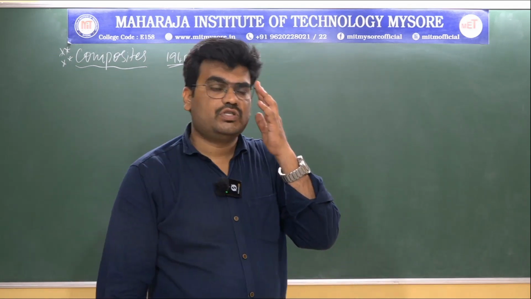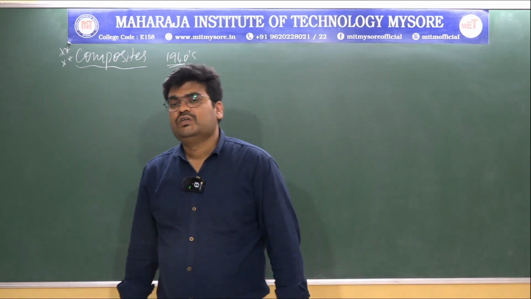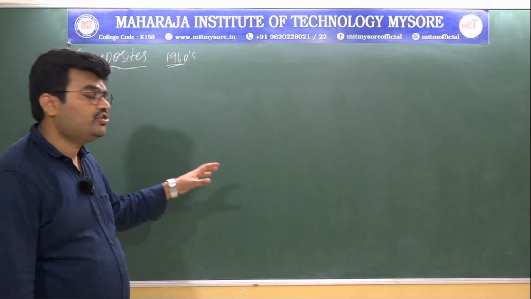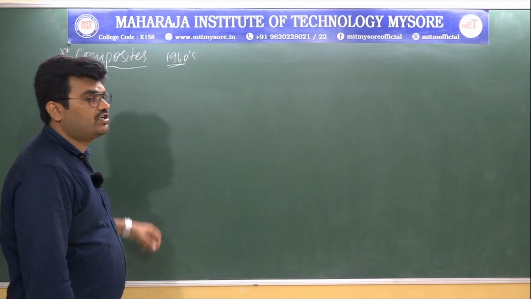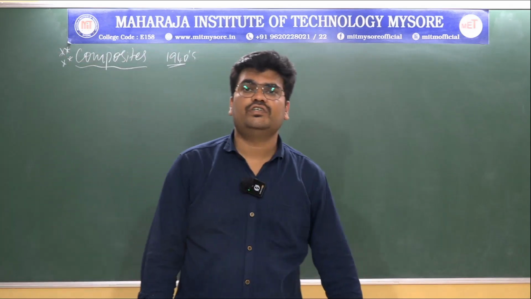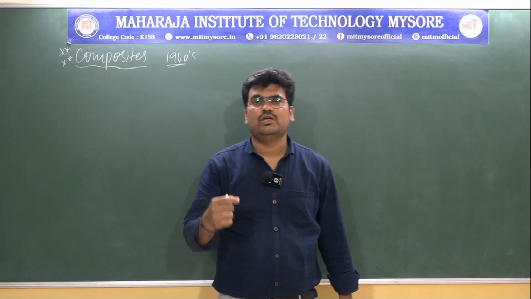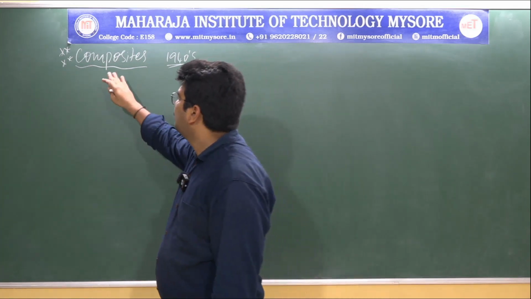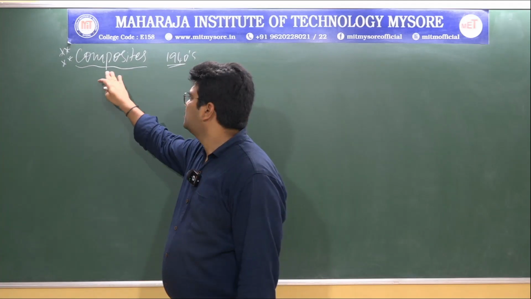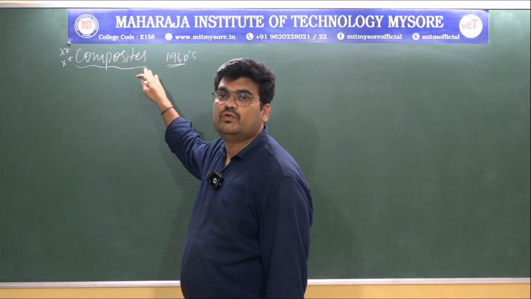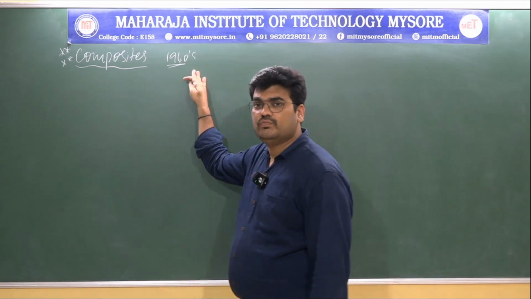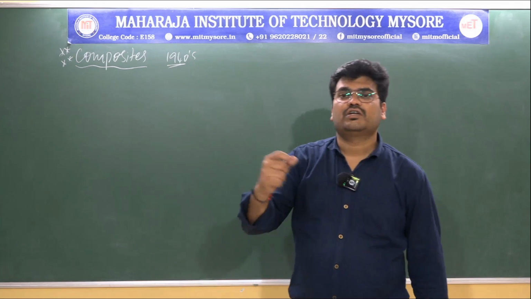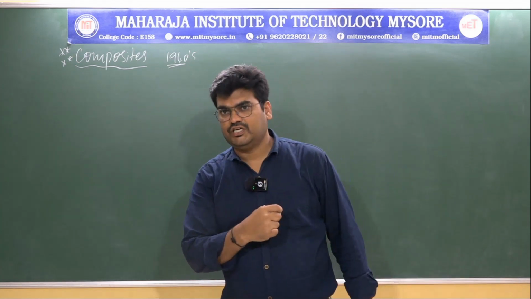A composite, as the name implies, is a combination of two or more distinct components in order to form a new class of materials which are suitable for structural applications. They are called composite materials.